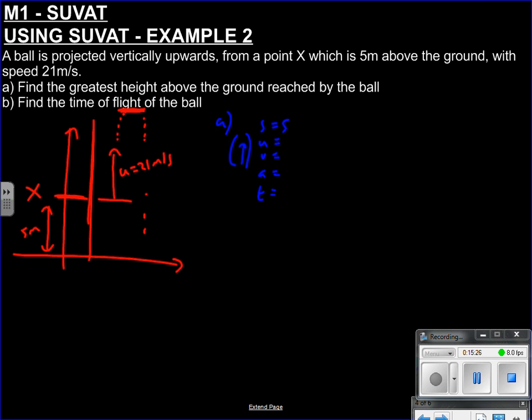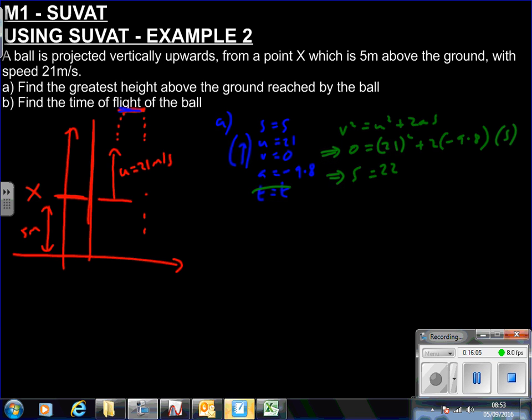s is, don't know. u started at 21. Velocity at the top, greatest height, must be 0 before it starts changing direction. Acceleration, well, we're fighting against gravity. And gravity acts at minus 9.8 meters per second squared. t is our time. Trying to find the greatest height, don't care about t then. So we're going to use our v squared equals u squared plus 2as formula. v squared is 0, u squared is 21 squared, plus 2 lots of minus 9.8 times s, and s equals 22.5 meters.